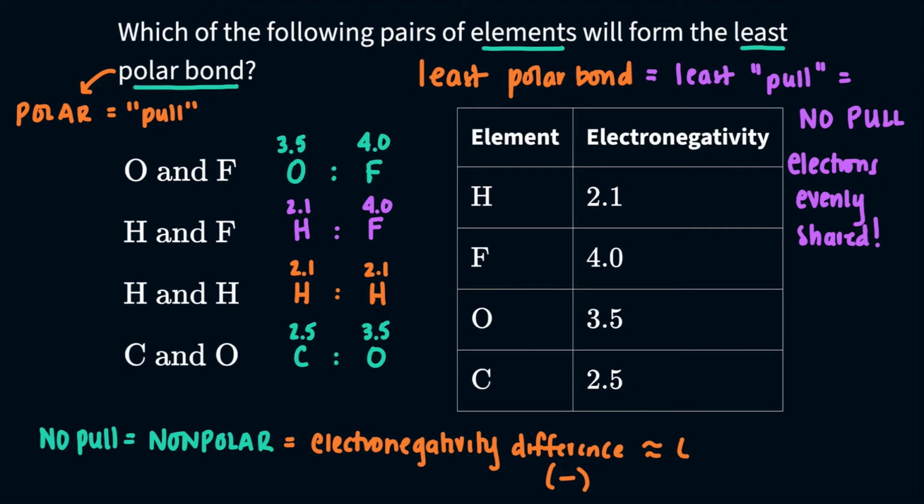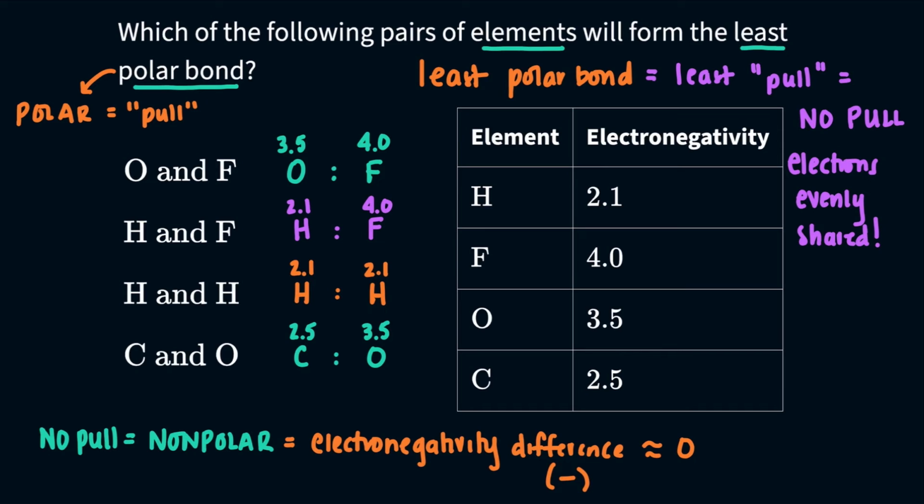They want to be as low as possible. When you do your electronegativity difference, always take the higher number and subtract the lower number, because the difference should always be a positive value. Like 3.5 to 4.0, if I subtract these two values, I get roughly 0.5 difference. And this is going to be much greater.